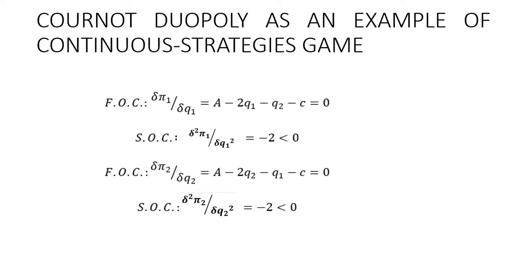Then we need to apply the first order condition and maximize this function with respect to the variable under the player's control. As I said, the first firm can only control the quantity produced by the first firm. That's why we are going to maximize pi1 with respect to q1, and analogously we are going to maximize pi2 with respect to q2.